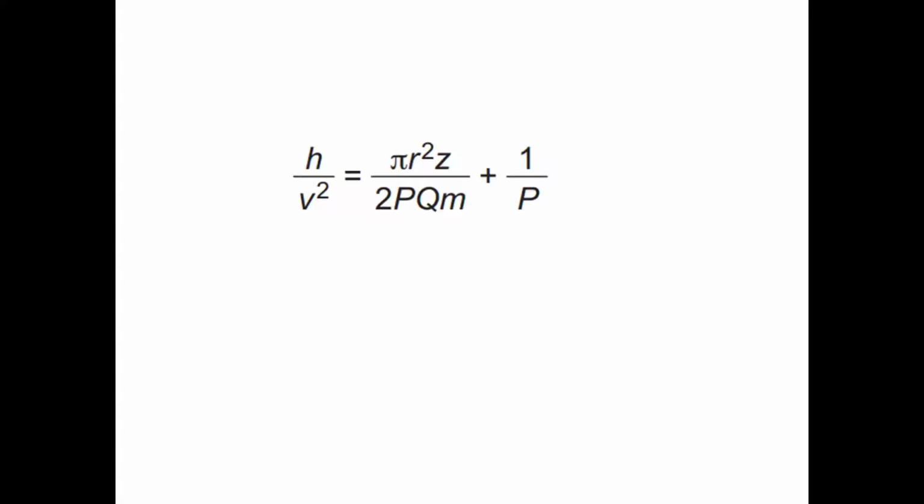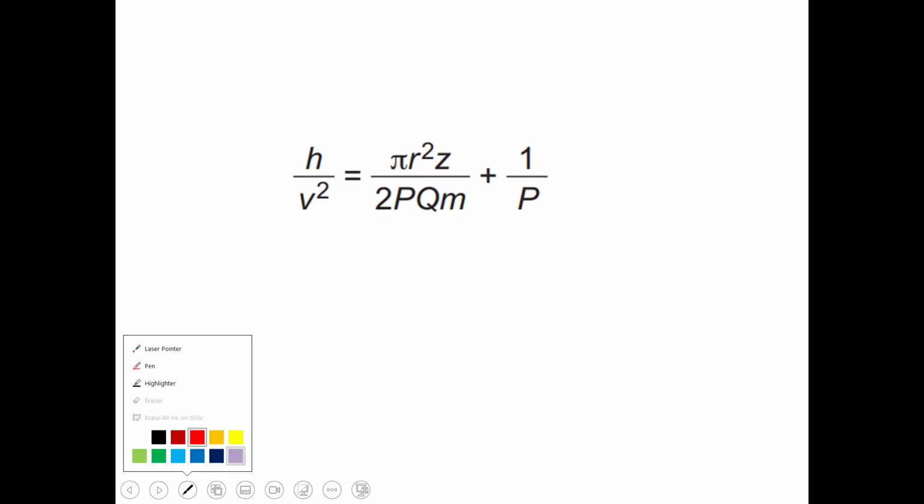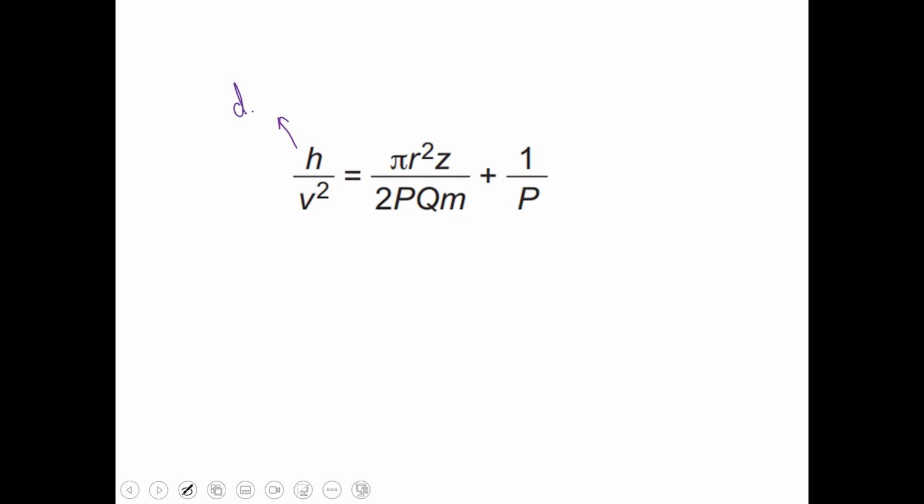Look at the thinking process. How do we develop thinking process in paper 5? We develop thinking process from this diagram. Okay, now you have to give me the support here. The letter H. This is the letter H. This is the distance fallen.